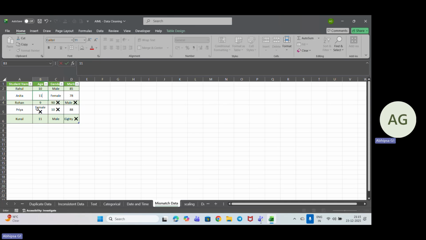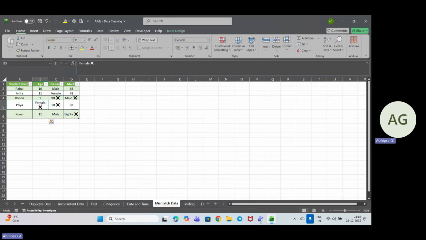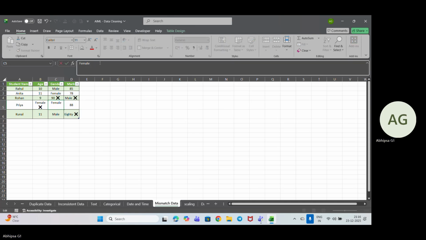This female here, this is the female that needs to be replaced here. In this category there is a swap that has happened, so we will just replace it. So we'll take this Priya to here, Control C, Control V without this cross, and here we will be filling 10.